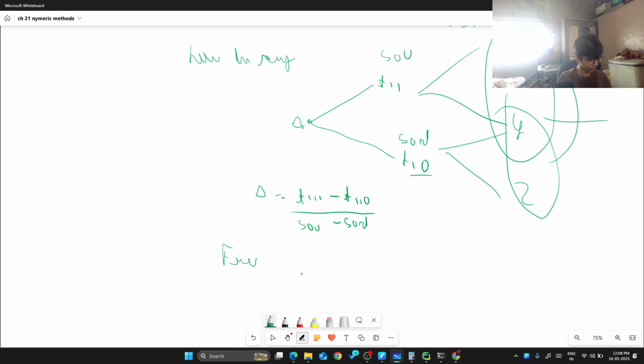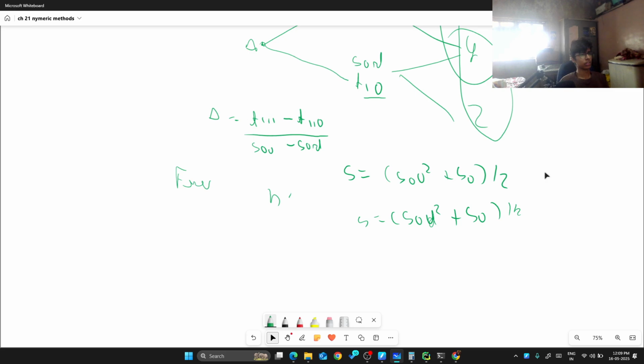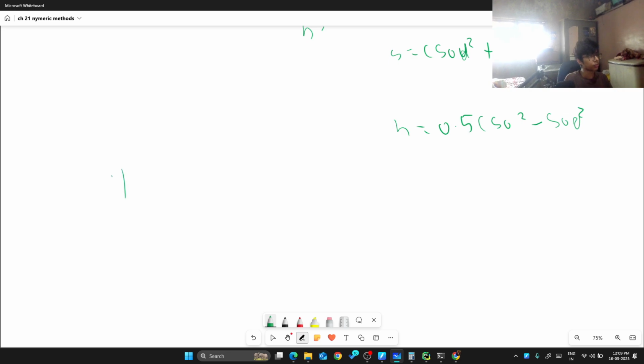So here we use h, because S equal to S0 up square plus S0 half, and S is also equal to S0 up, S0 down square plus S0 half. If we equate this, then h equals 0.5 times S0 up square minus S0 down square, and then it gives us the value of gamma.